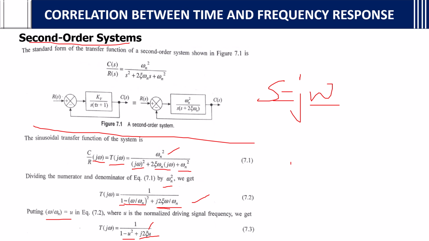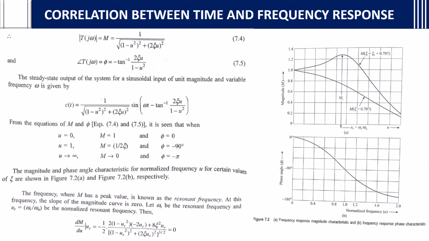Then T of j omega, that is M, equals 1 by square root of ((1 minus u square) whole square plus (2 zeta u) whole square). If you elaborate this again, you will get the previous equation 7.3 only.